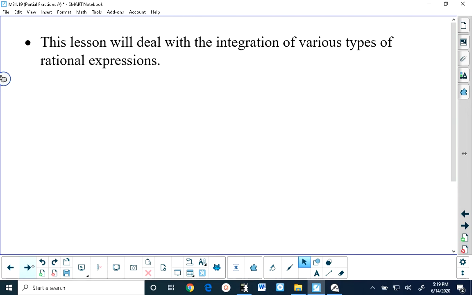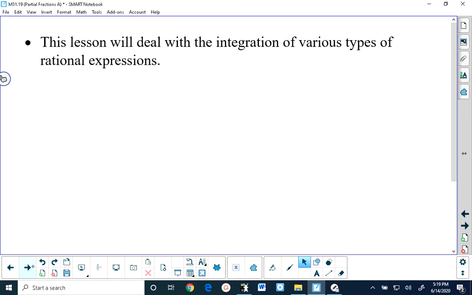So I would like to take a second and explain something to you about what we are learning today. When you integrate a rational expression, if the rational expression has the following two properties, then you can do what we're going to learn today. All of the rational expressions we will integrate today, first of all, have a numerator that has a degree smaller than the denominator.